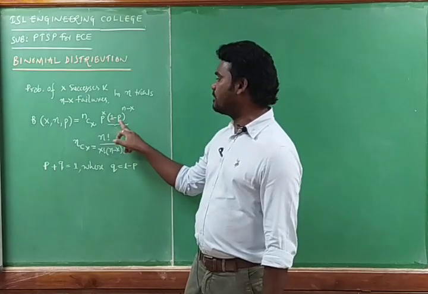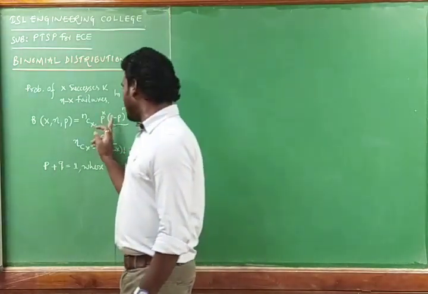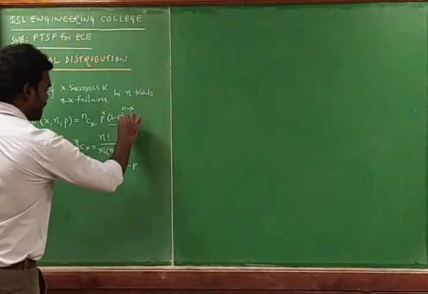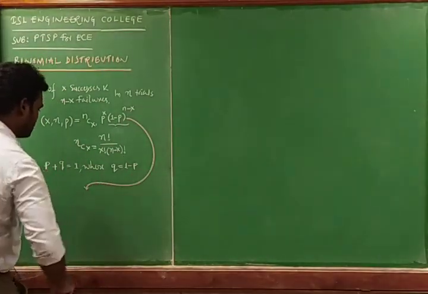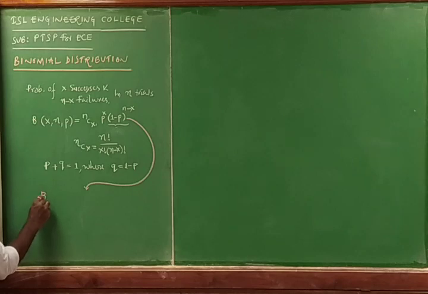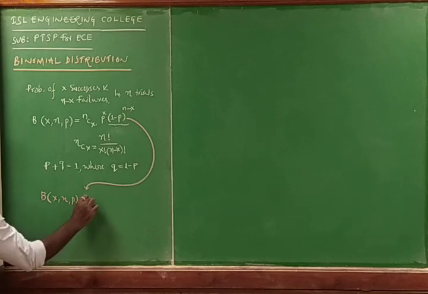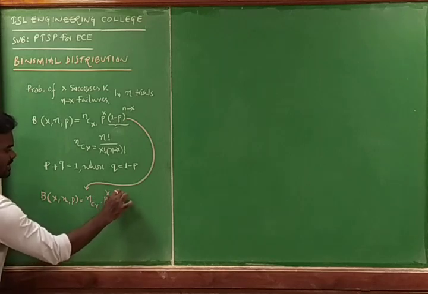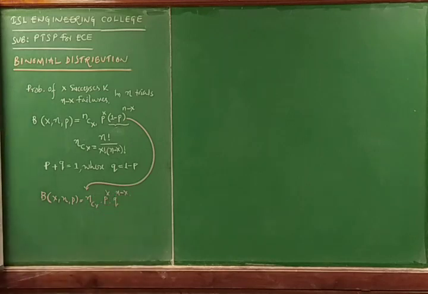So I can write this equation, binomial distribution of x n p is equal to nCx into p to the power of x into q to the power of n minus x. We have replaced 1 minus p with q.